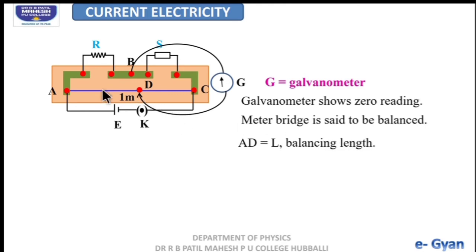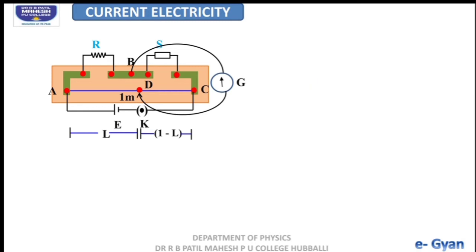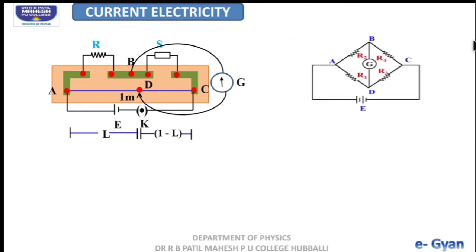The length AD is l, and that length is called the balancing length. Okay, now comparing this with the Wheatstone network bridge.